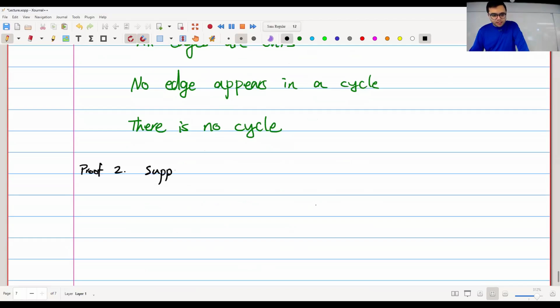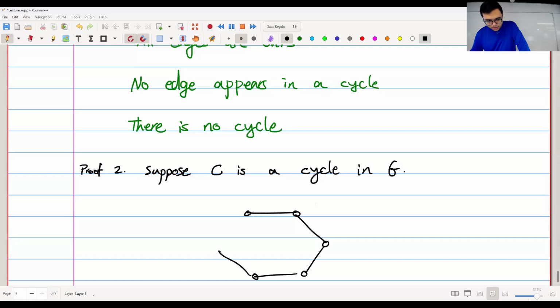Suppose C is a cycle in G. Okay. So I have this cycle C. Now consider one of the edges in this cycle, whichever you want.